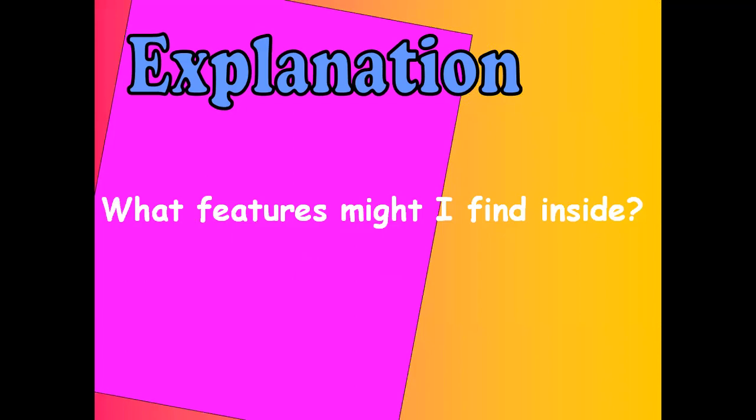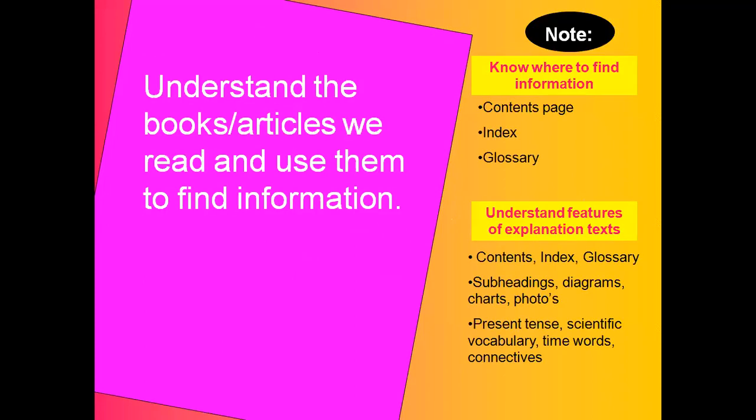What are the features that you may use to write an explanation text? Maybe you can use contents, index, glossary, or summary. You need to read lots of information about the topic that you want to write about.